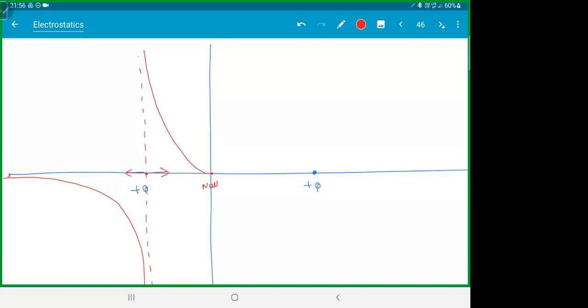You get a null point. Once you cross the center, this field is stronger than this field, right? This guy becomes stronger than this guy. So this field will go to minus infinity again. This is how it looks. Check the graph. The green indicates the right side charge is dominating. Red indicates the left side charge is dominating.